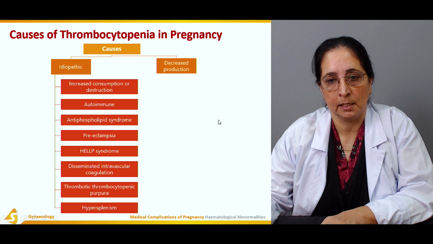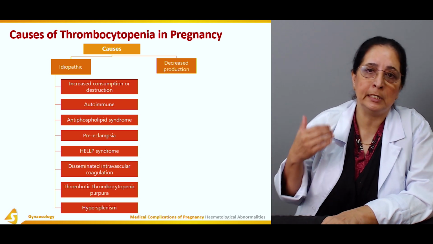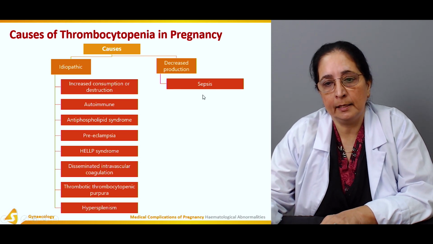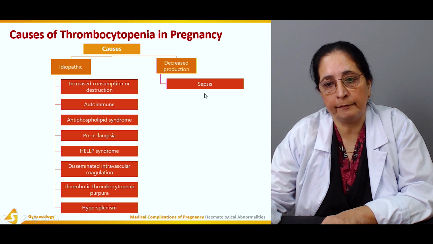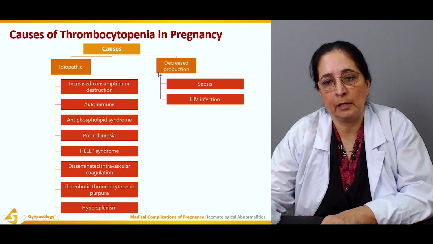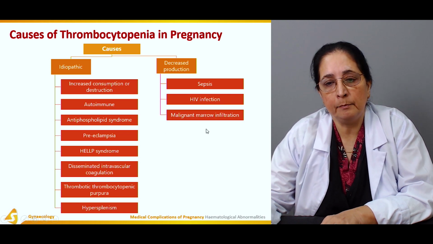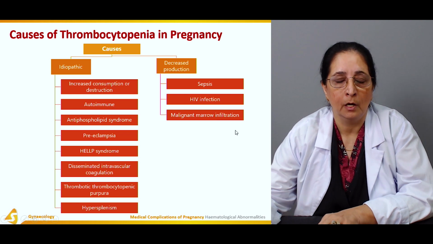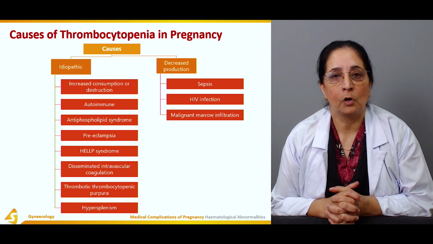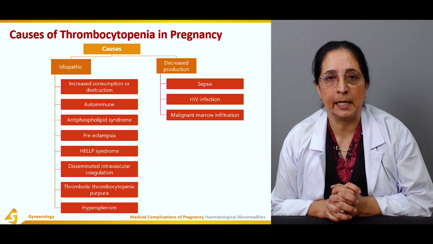Then we have the other cause of thrombocytopenia in which there is decreased production of platelets, and if there is sepsis or infection, blood infection, HIV infection can cause decreased production of platelets, and malignant marrow infiltration. So all these are the different conditions that can cause thrombocytopenia or decreased level of platelets.